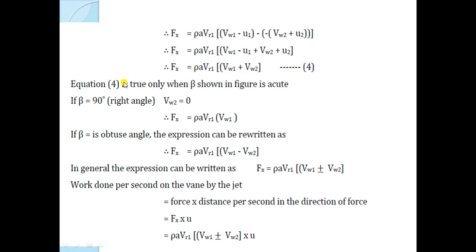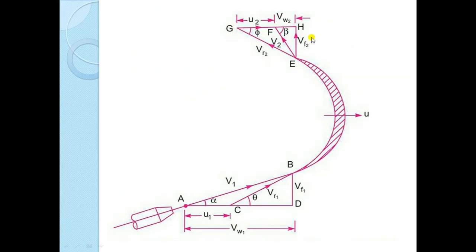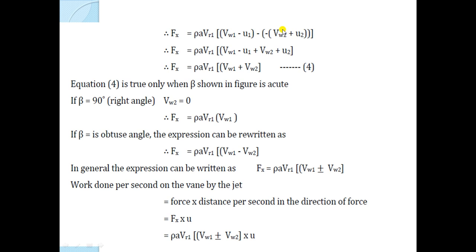Now, this equation 4 will be true only when beta is acute. So if beta is less than 90 degrees, then only equation 4 is valid. If beta is 90 degrees, then the velocity of whirl at outlet will be 0.